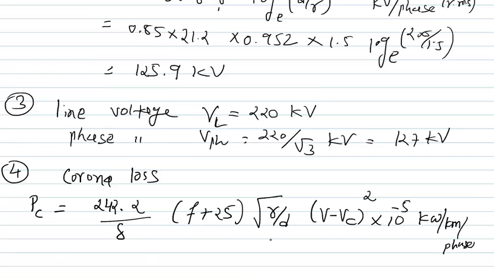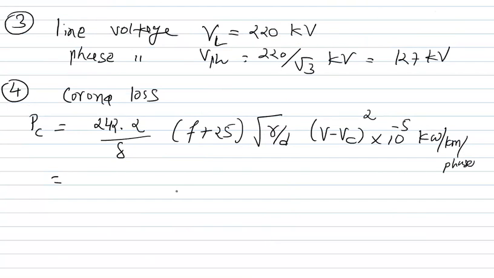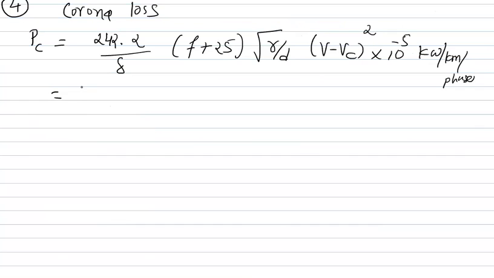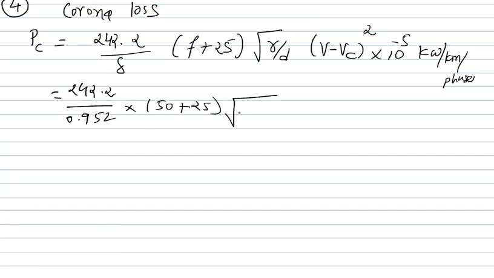So putting all the values in this equation: 242.2, delta is 0.952, f is 50 plus 25, it's the frequency, under root r by d, that is 1.5 by 200.